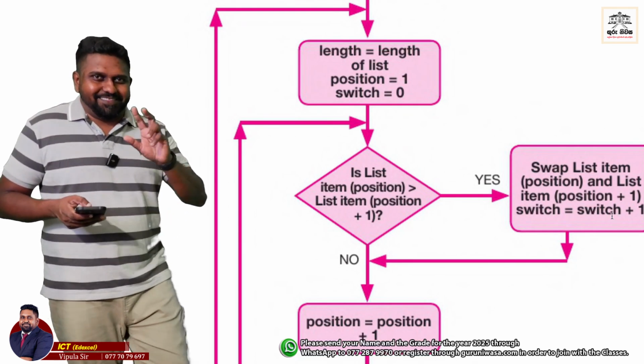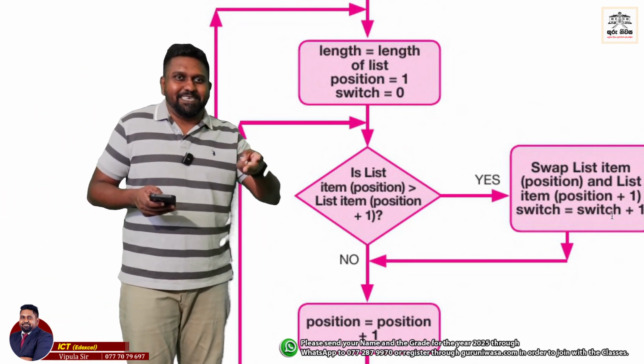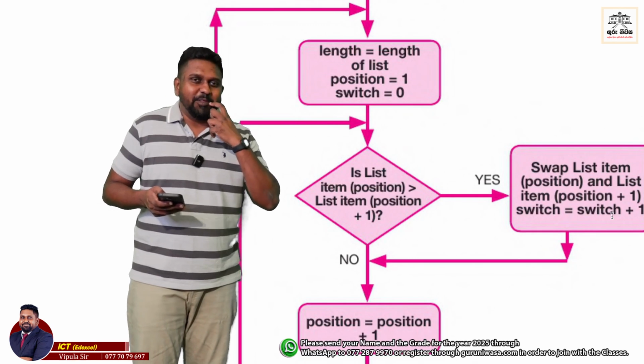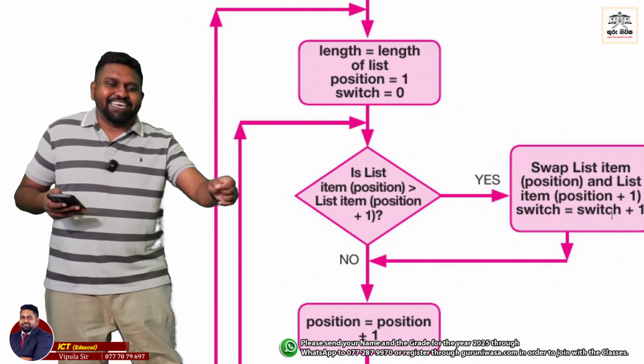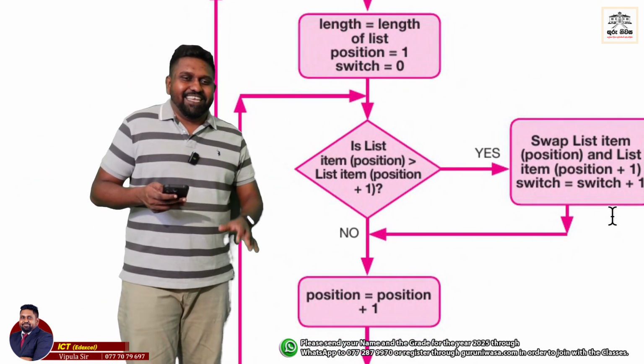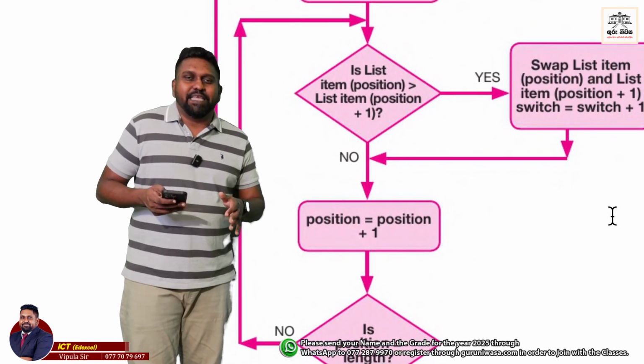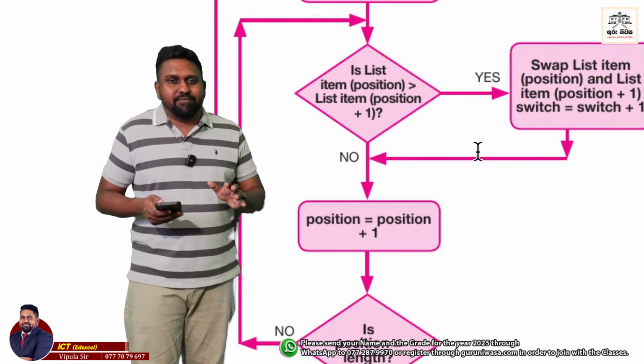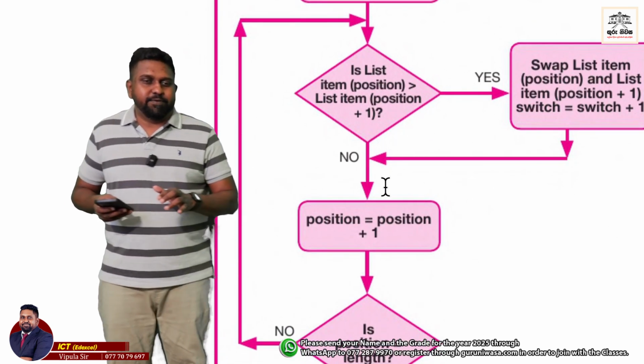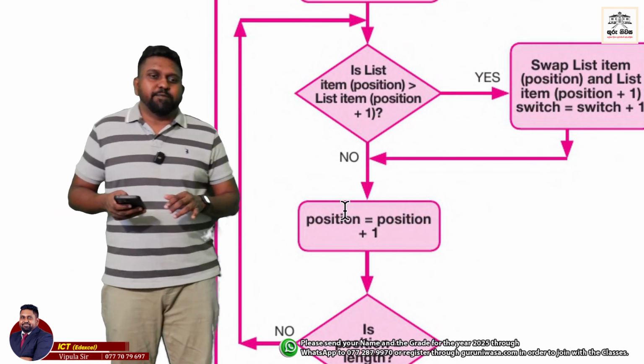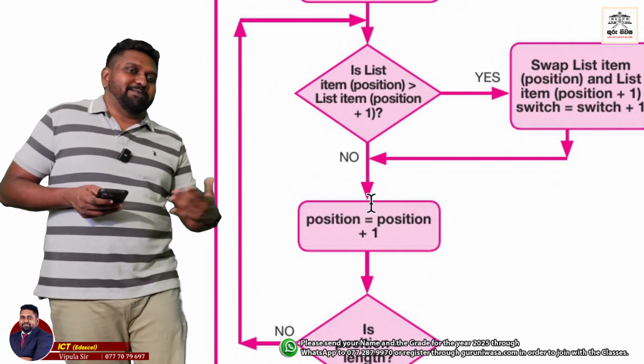So the first value will be switched with the next one. Once this is switched, we go down, and we check if the position equals the position plus 1.